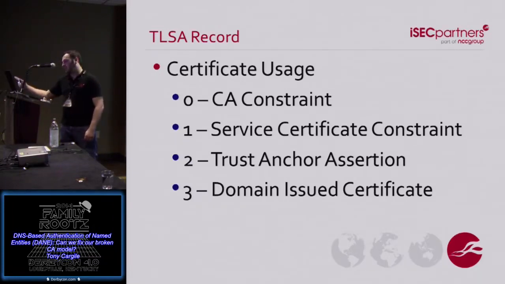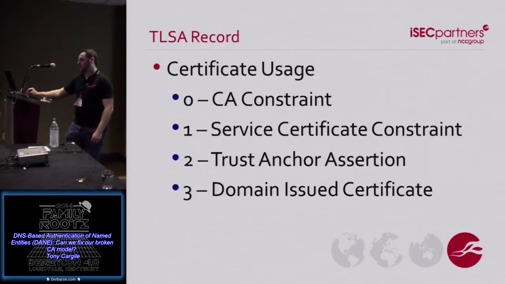Value number 1 specifies not only is this certificate that you're going to receive from this TLSA record a valid PKIX certificate, but it's also the certificate that has to be the one that signed the HTTPS traffic. So you're actually pinning on a specific certificate.